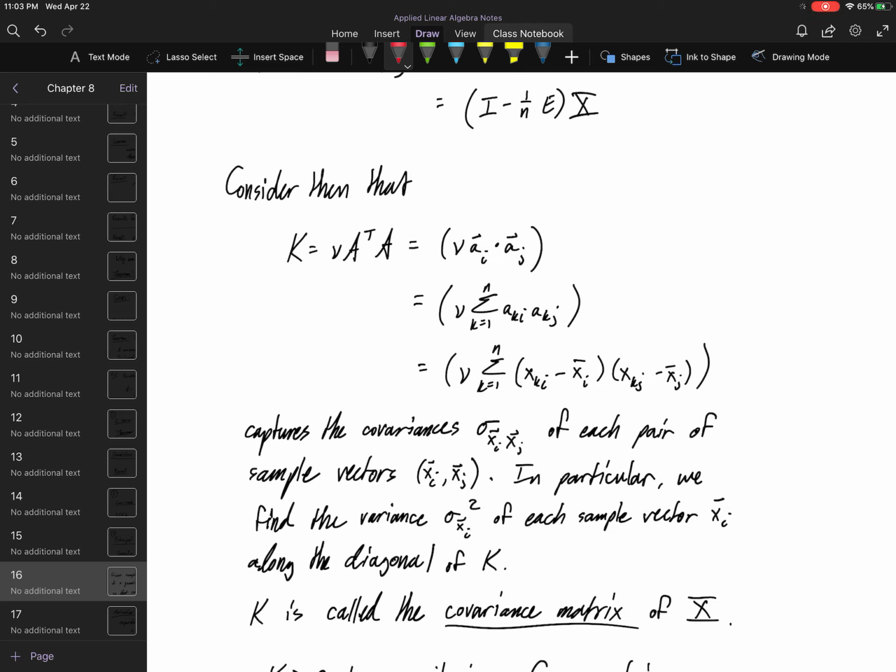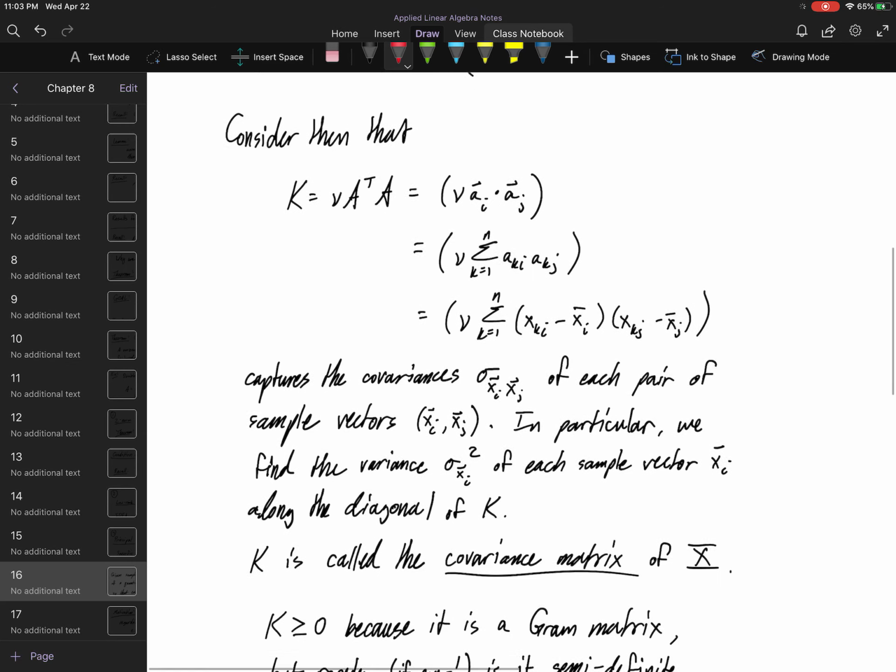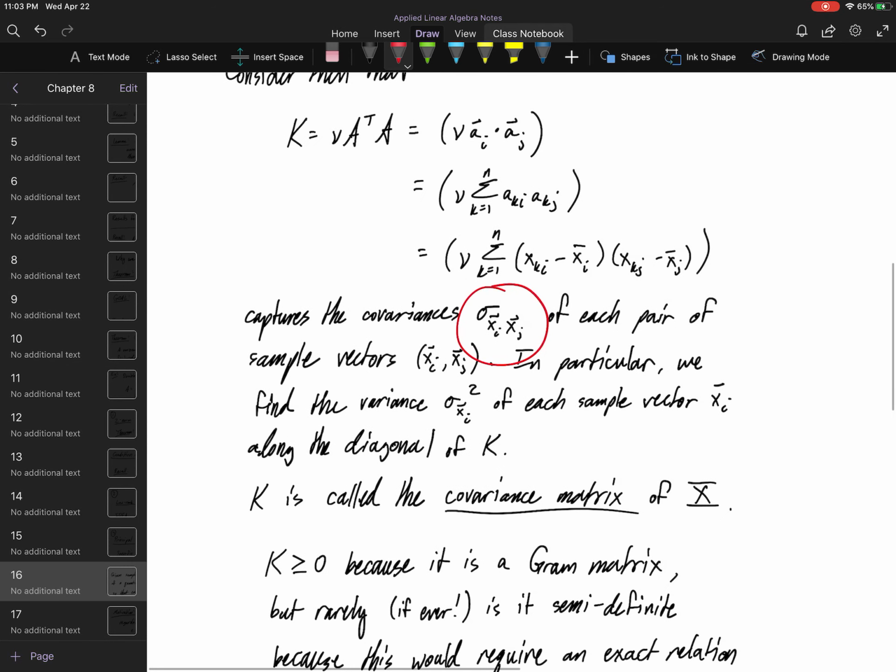And we can see that it is positive definite in the following way. A transpose A, if I ask what that is exactly, notice I get this sum, which statisticians will recognize as the definition of covariance. It's just the matrix multiplication of A transpose with A, and it effectively gives us all the covariances between each pair of experiments.